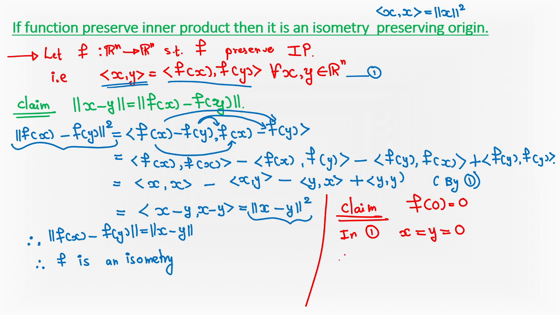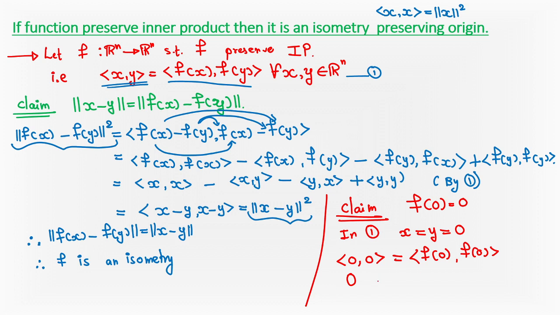What will happen? It will become the inner product of 0 with 0, which is the same as the inner product of f of 0 with f of 0. The inner product of any vector with 0 is 0, so 0 with 0 will give you 0 only, right?